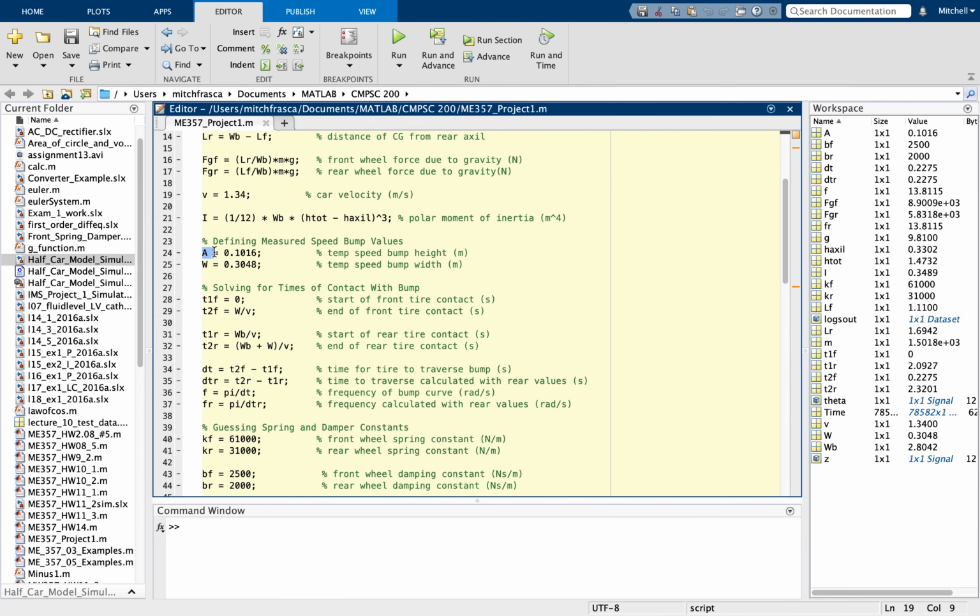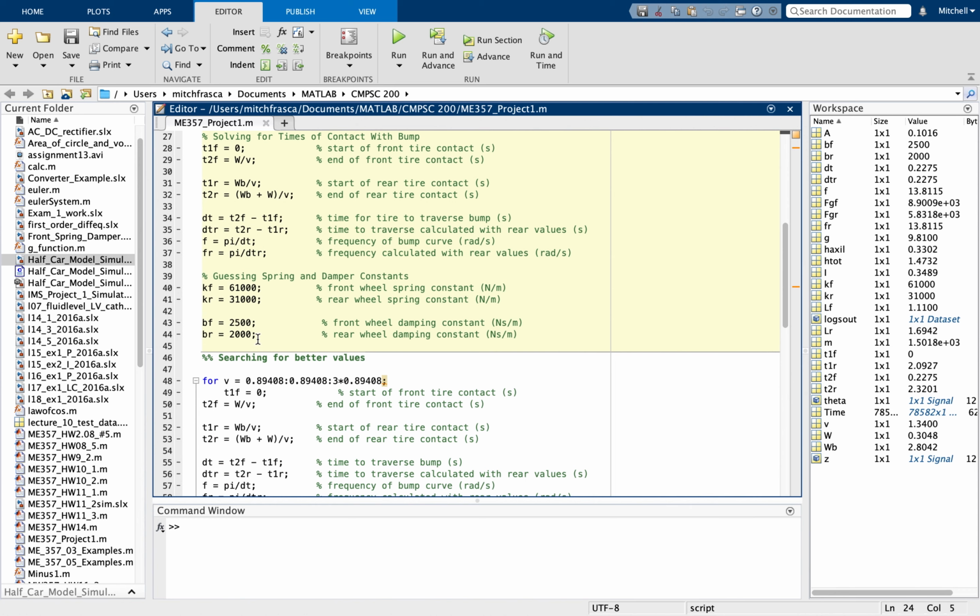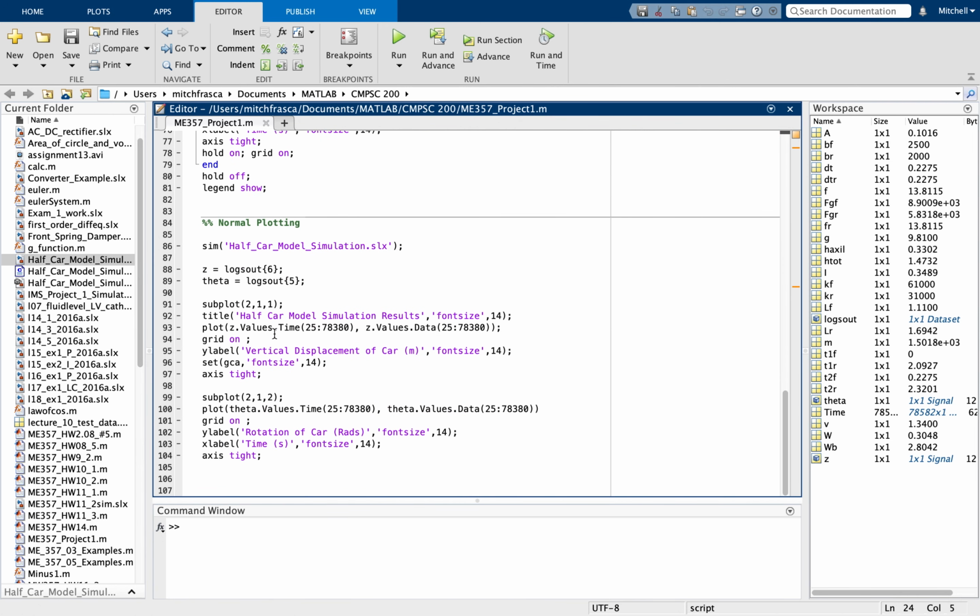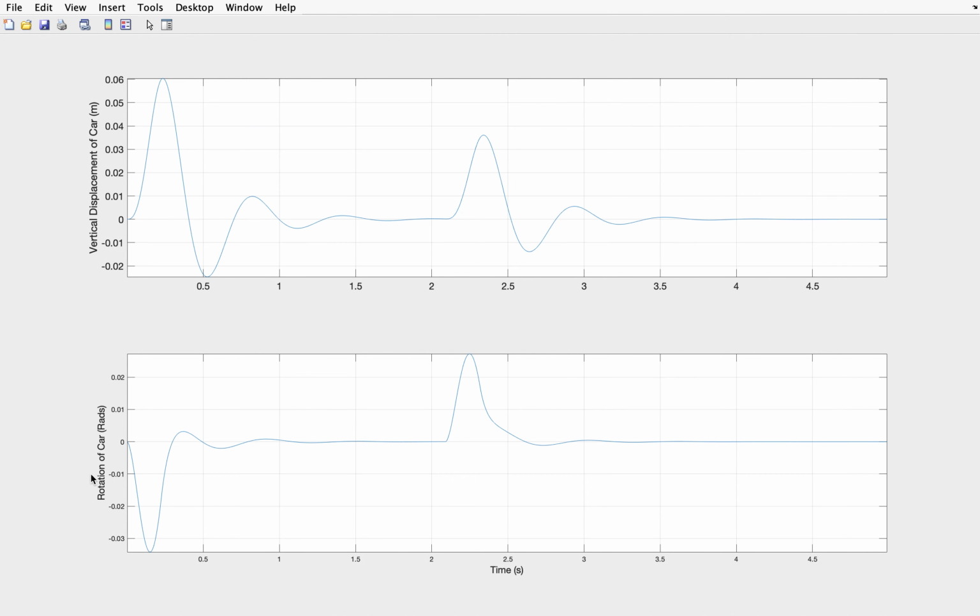Here, we can use a guessed speed bump height or one from an experiment like we will have in section 3. Finally, here, we can edit and check different spring constants and damping constants. Down here is just simply a graph of what I just showed. After running the section, we can see graphs of the displacement of the car and the rotation of the car.